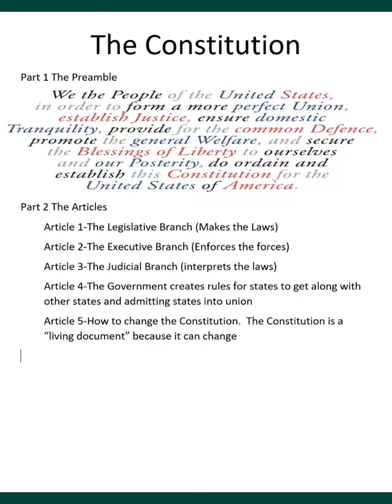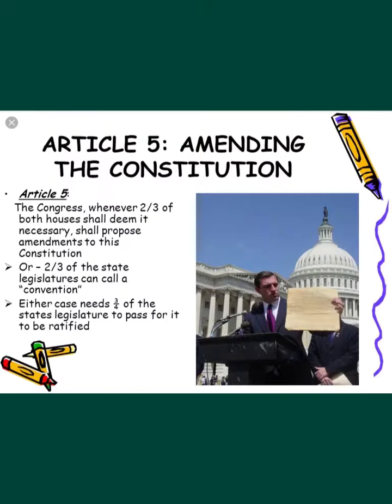On your paper, write Article 5, How to Change the Constitution. The Constitution is known as a living document because it can change through the amendment process. Article 5 states how the amendment process works. Be sure to copy what you see there on your paper. Article 5, amending the Constitution.